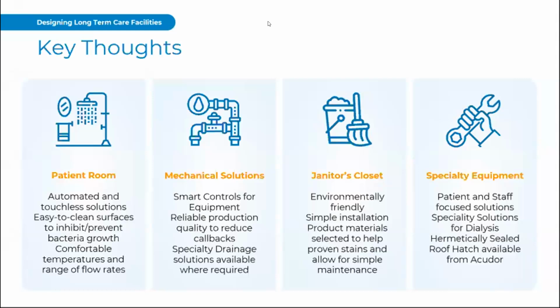Mechanical solutions that, again, prevent scalding, the number one point in case it doesn't come across, but also smart controls, equipment that ties into your BAS, equipment that reduces your need for callbacks and maintenance, equipment that installs faster and minimizes time on site, as well as specialty drainage solutions where required.